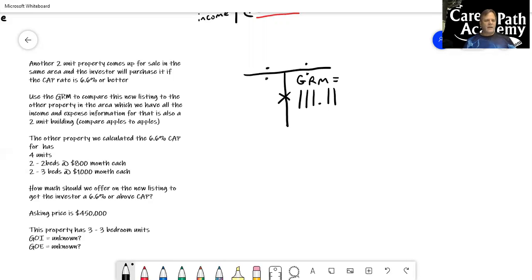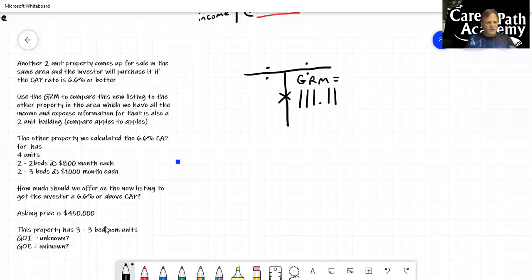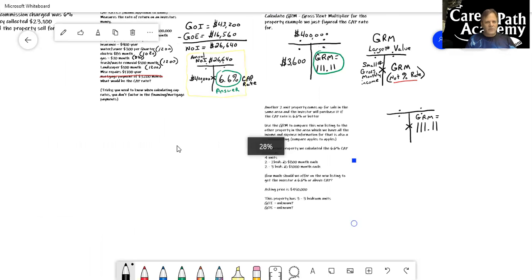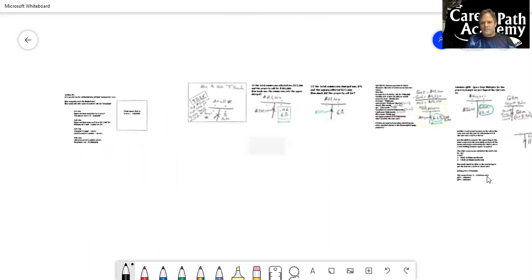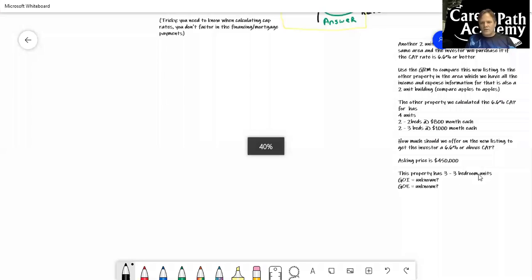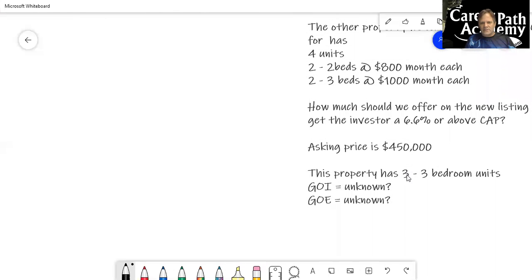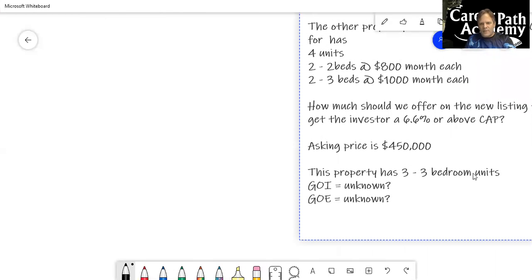Now, they didn't even tell us what the rents are in this property. Oh. But this one has, come on, let me zoom in. We're going to say that this one has 3 3-bedroom units.